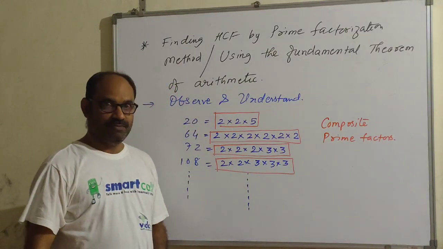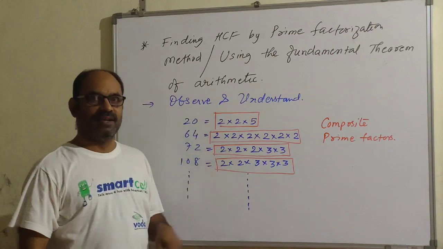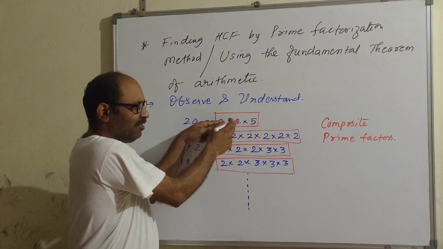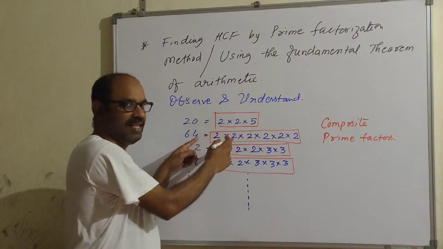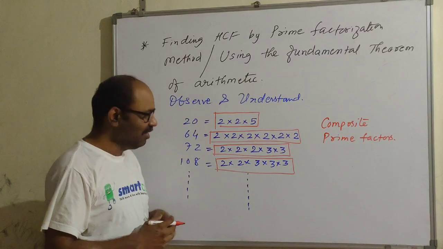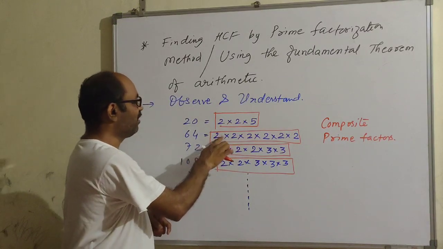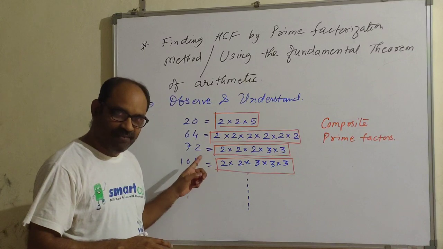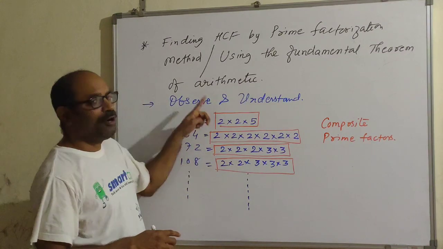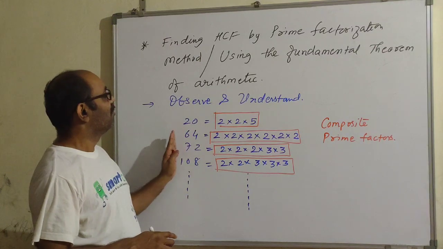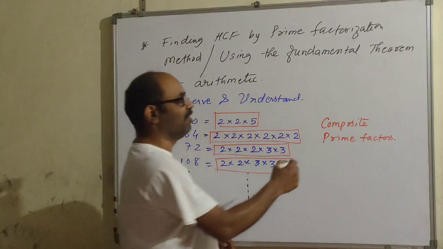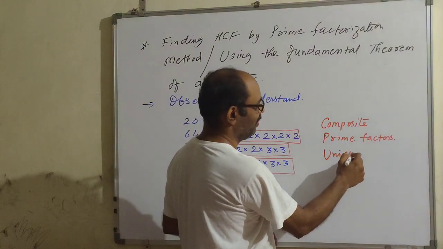Compare any two, or compare any one with the other 3. What do you find? Are the prime factors of 20 and 64 the same? No, not the same. Prime factors of 64, are they the same as the prime factors of 72? Once again, no. So, what do you find? The prime factorization of every composite number is unique.